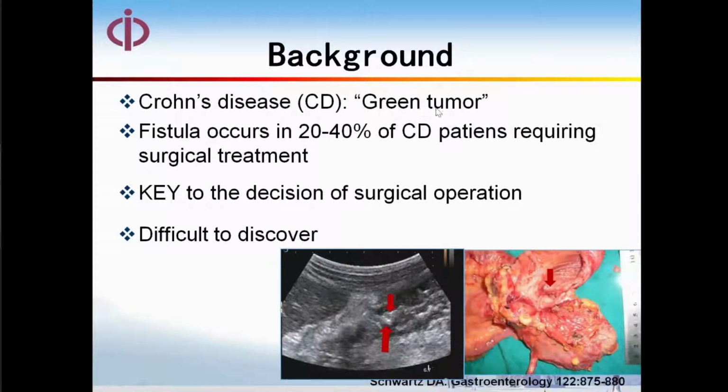It usually happens in the young group, with a long history and is hard to treat. Fistulas occur in many cases, and these patients need surgical treatment. The key is detecting the fistula, which is very important to make the decision for surgery. But it's very difficult to discover the fistula.